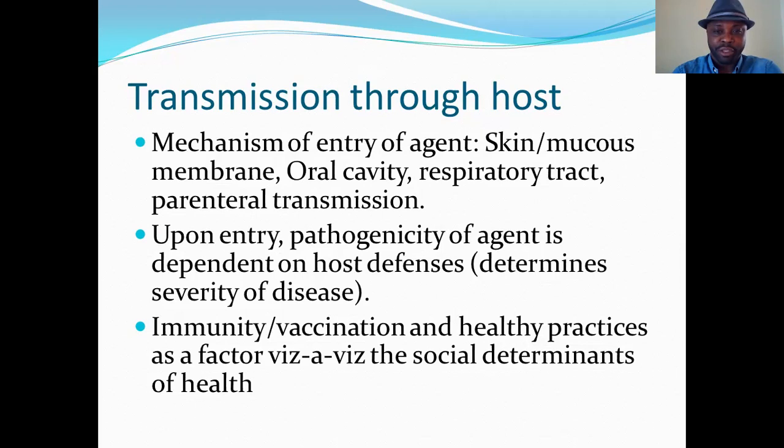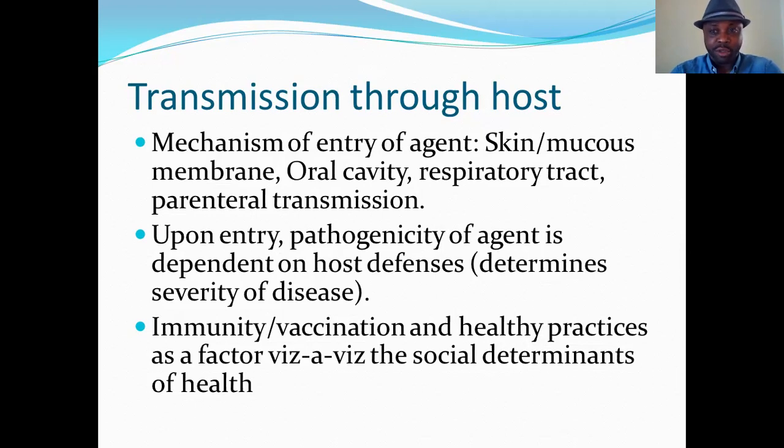Let's take COVID, for example, coronavirus. People get infected, but they do not show symptoms. So such people that do not show symptoms are asymptomatic. That means they got infected, but their host defenses prevented them from getting down with the disease. But for those who finally get down with the disease, who get infected and show signs and symptoms, that means they got diseased.